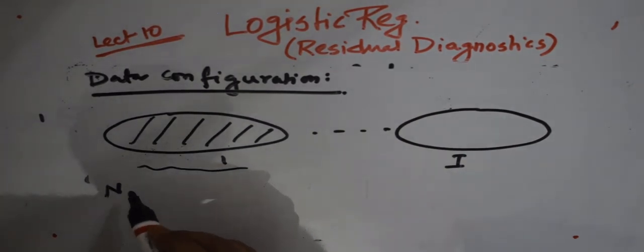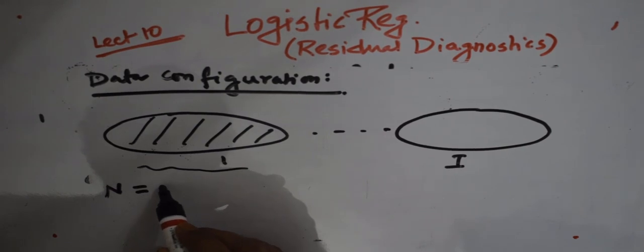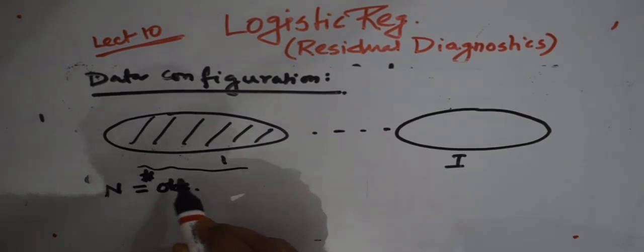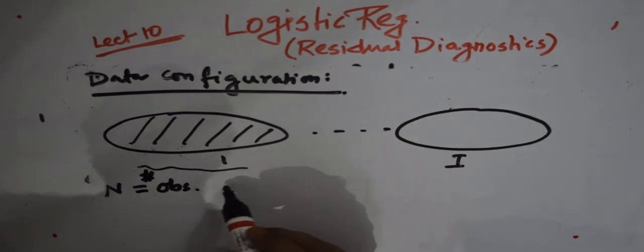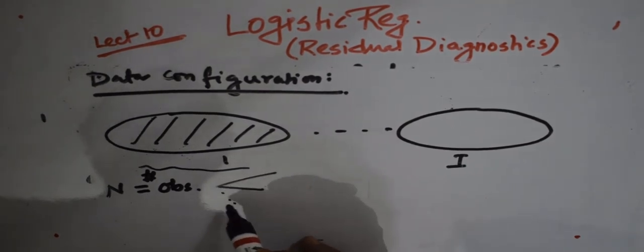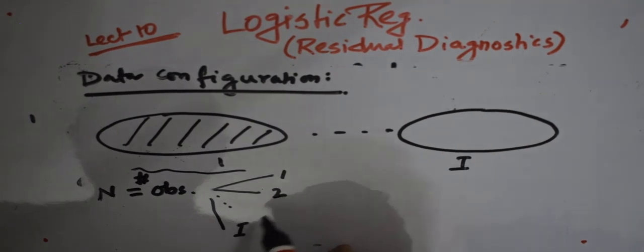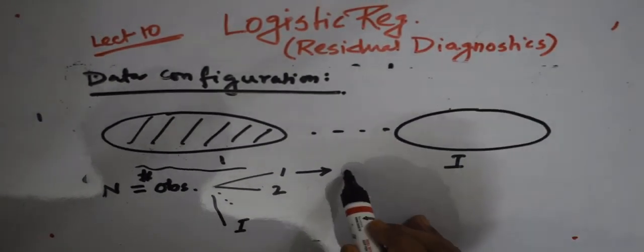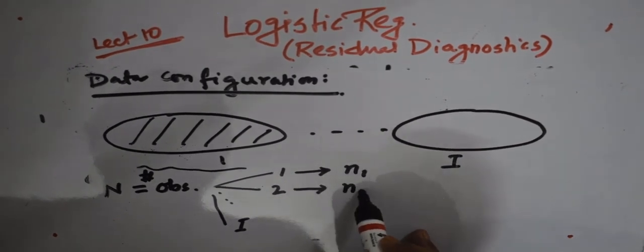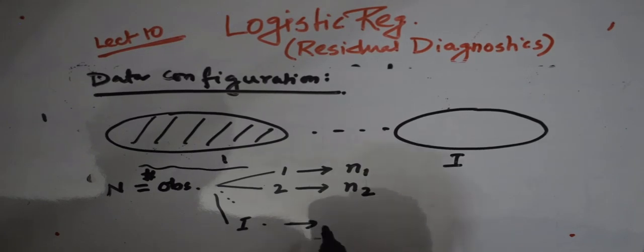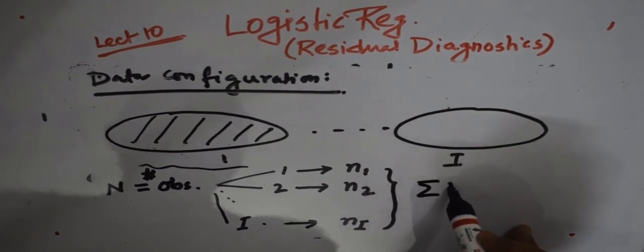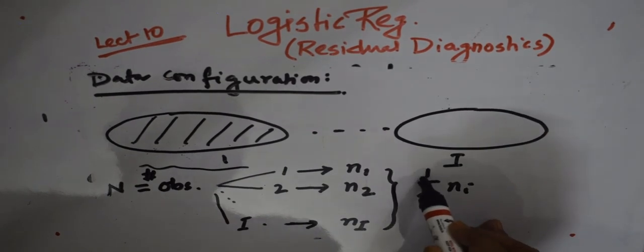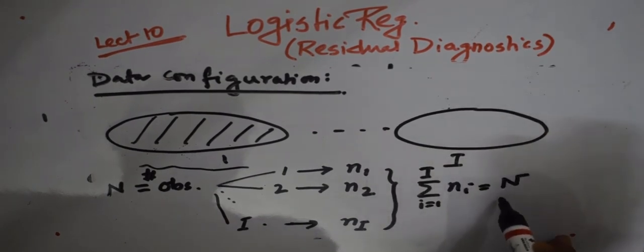Suppose I have N total observations, and we divide these N observations into I groups, where the first group contains n1 observations, the second group contains n2 observations, and the i-th group contains ni observations, such that the sum over ni, i from 1 to I, equals N.